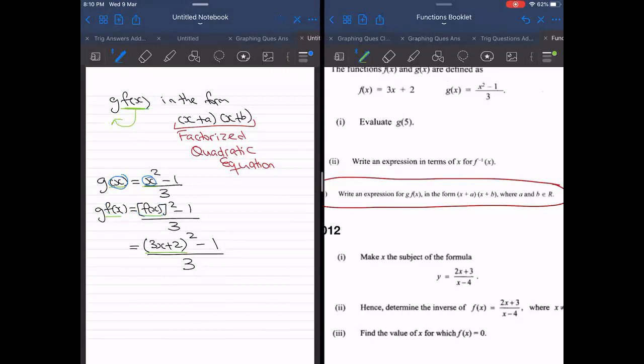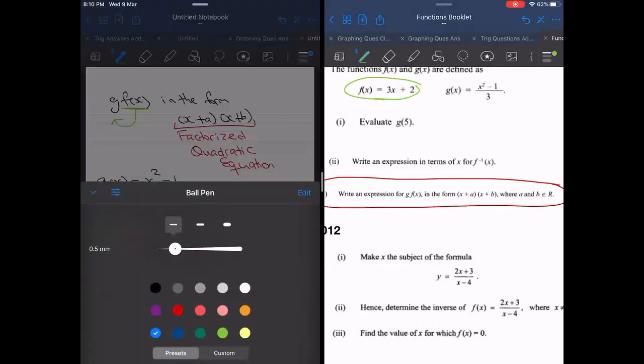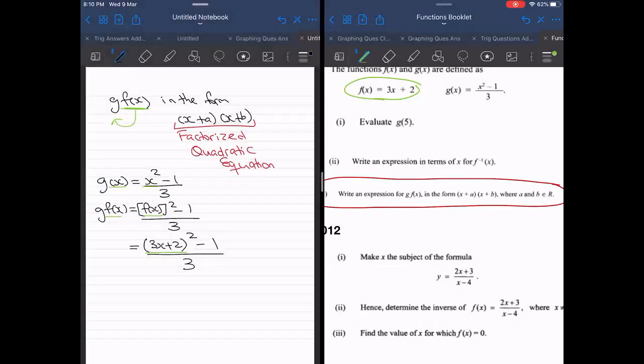All right. And then based on the question, f of x is 3x plus 2. So I replace the f of x with 3x plus 2. With me now? Okay, awesome.